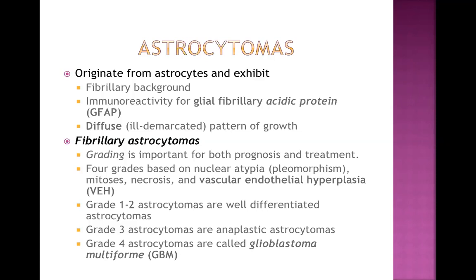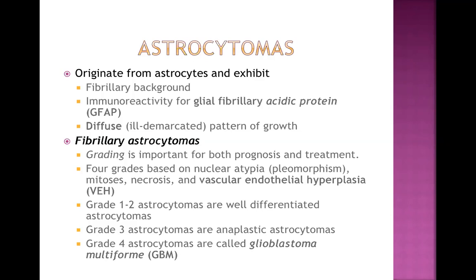Mitosis, necrosis, and vascular endothelial hyperplasia. Based on these 4 features, the tumors are divided into 4 grades. Grade 1 to 2 are well differentiated. Grade 3 is anaplastic, and grade 4 is the most malignant out of all, which is known as glioblastoma multiforme.